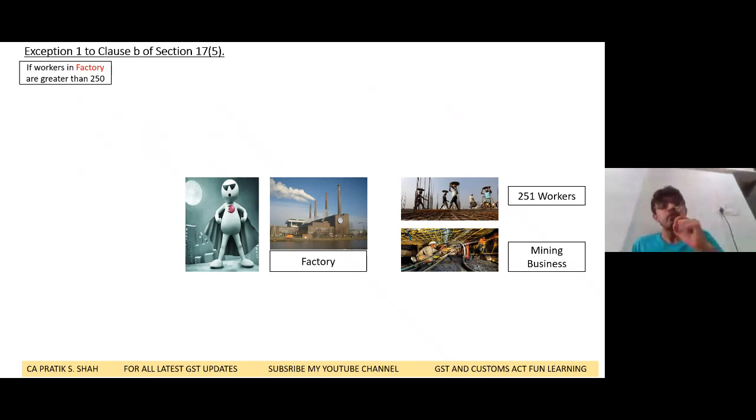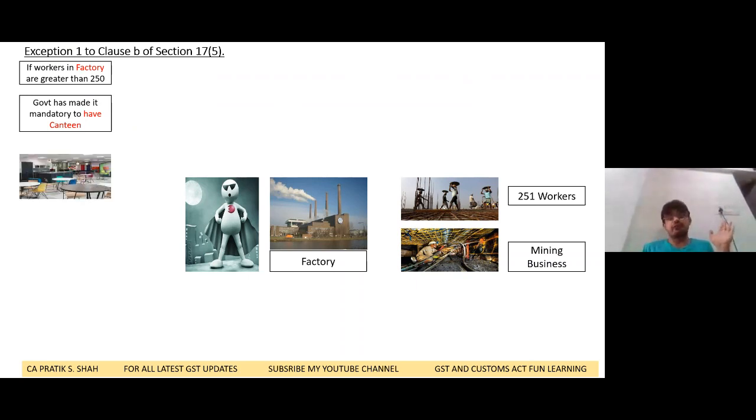Now, there is a rule that if workers in the factory, not officers, are greater than 250, the employer is compulsorily required to provide a canteen in the factory. It is a rule made by government. If you have more than 250 workers, you must have a canteen.